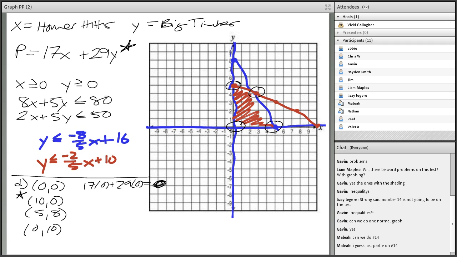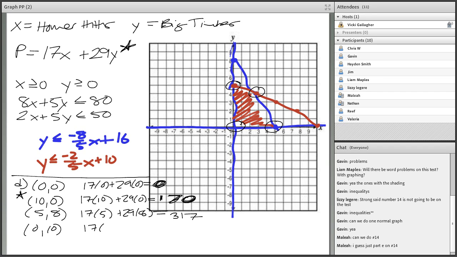Then 17 times 10 plus 29 times 0 gives me 170. Next, 17 times 5 plus 29 times 8 gives me 317. Finally, 17 times 0 plus 29 times 10 gives me 290.